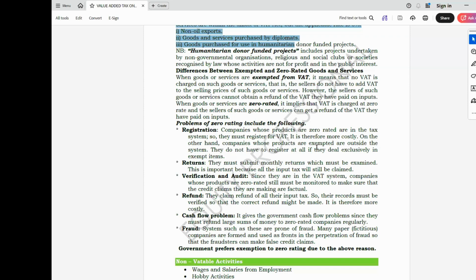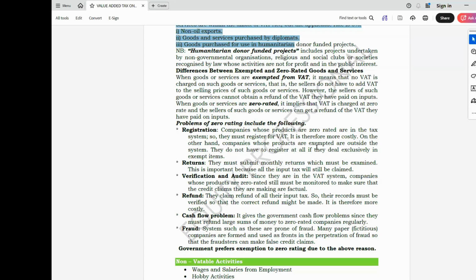Because if an item is zero rated, that does not mean that the item is not liable to VAT, but the rate you are applying is 0%. So any input VAT you have suffered to buy those items, you have a right to claim back from your output VAT.